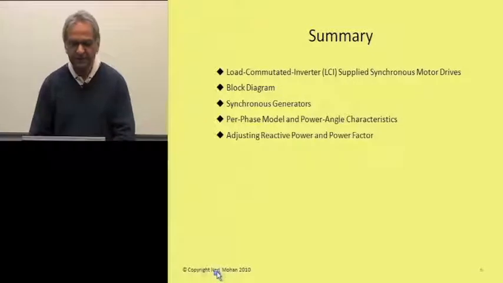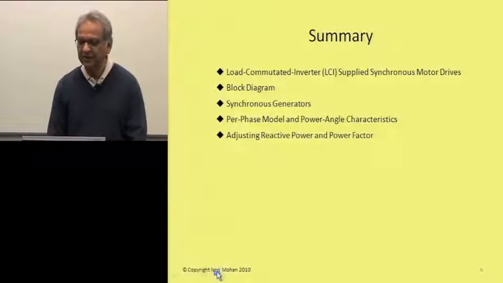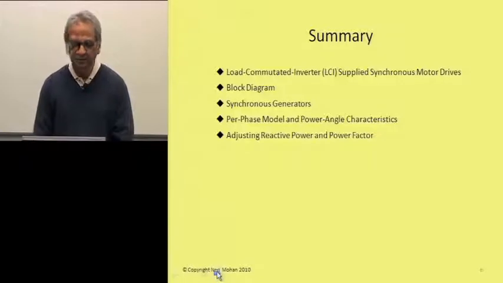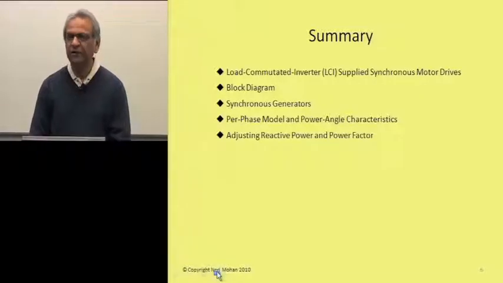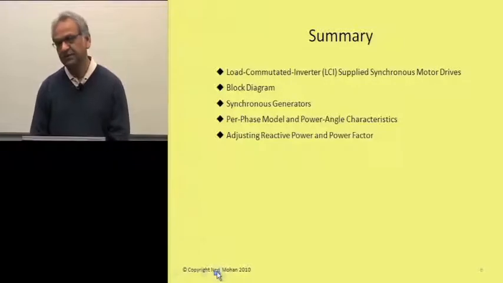So that brings us to the summary of this module, where we have seen LCI supplied synchronous motor drives, and we have seen synchronous generators and how we can adjust the reactive power for a given power level to be either positive or negative.